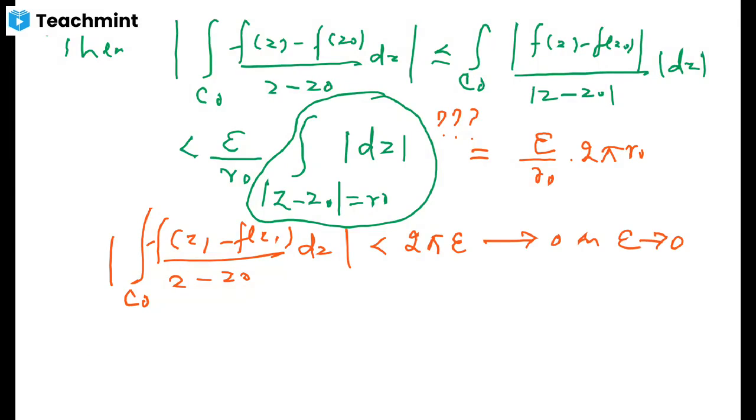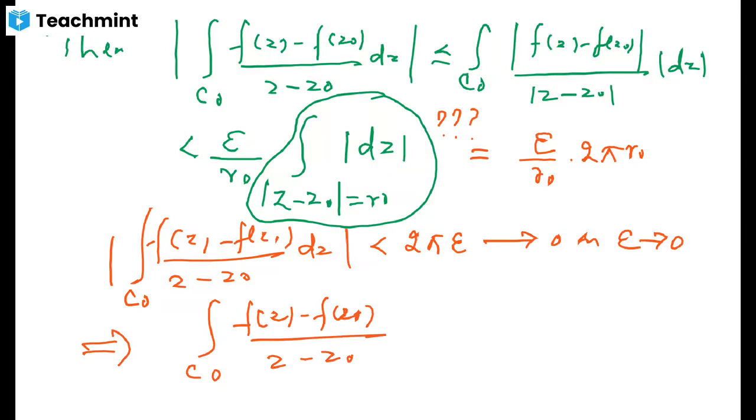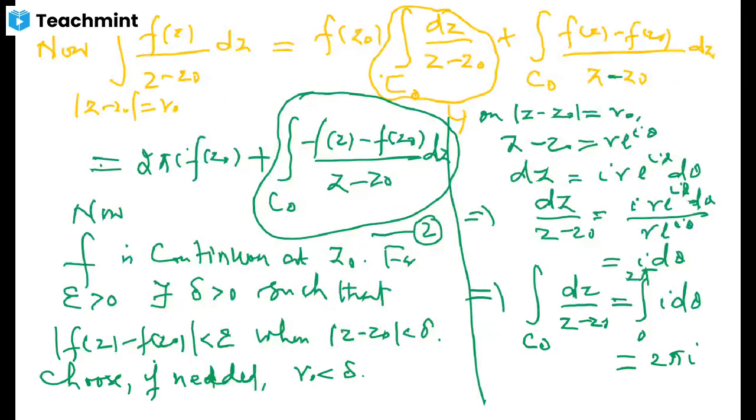If it goes to 0, that means for an appropriate circle, the value of this integral of (f(z) minus f(z naught)) upon (z minus z naught) has to be equal to 0. So this happens to be 0. That means from this equation here, you have the value of this integral 0.